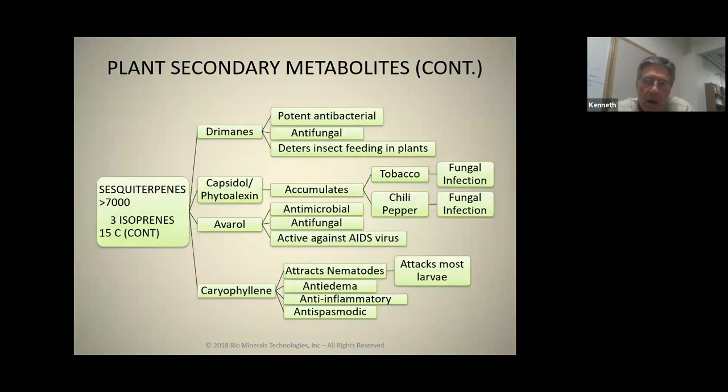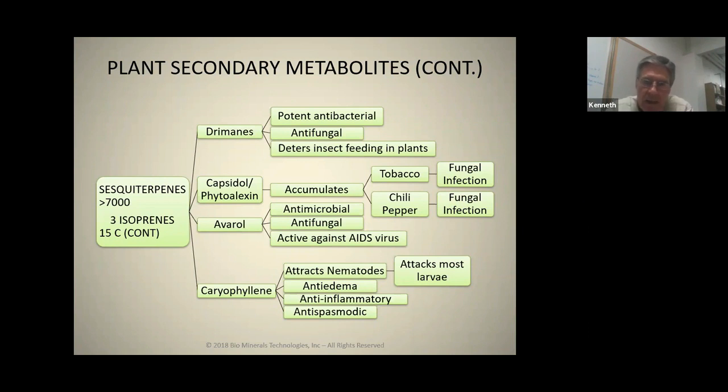We continue on anti-potent, antibacterial, antifungal, deters insects feeding in plants. Again, plants have an immune system, but without trace elements, activating enzymes, these compounds are not being made.